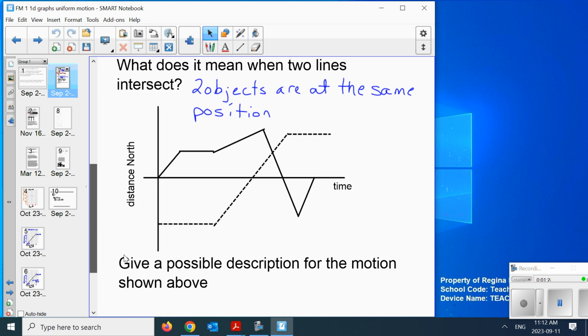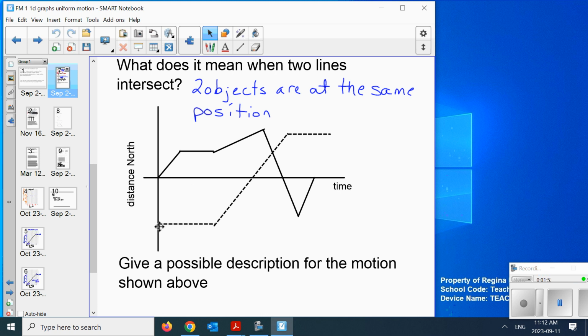Then Ray and I walked this one out, right? And distance north. Well, this would have been going north, standing still, going north, but at a slower rate because the slope isn't as steep. Then turned around south, stopped, went back north, and ended up at the exact same starting position.